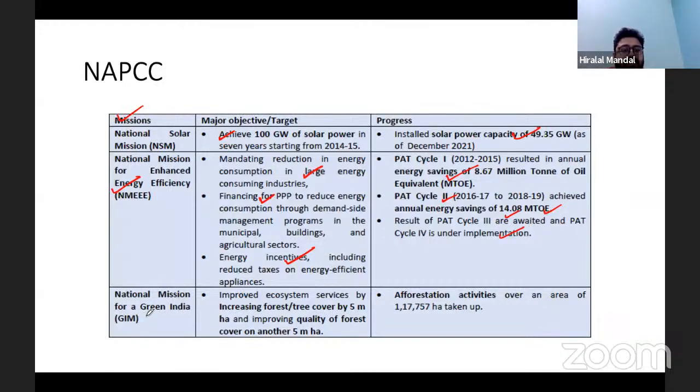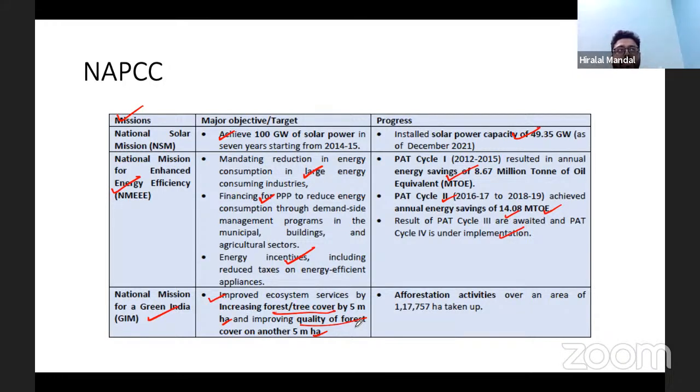There is also the National Mission for Green India. The target is improved ecosystem services by increasing forest or tree cover by 5 million hectares, and improving the quality of forest cover by another 5 million hectares. That means converting moderately dense forest into very dense forest, instead of open forest.